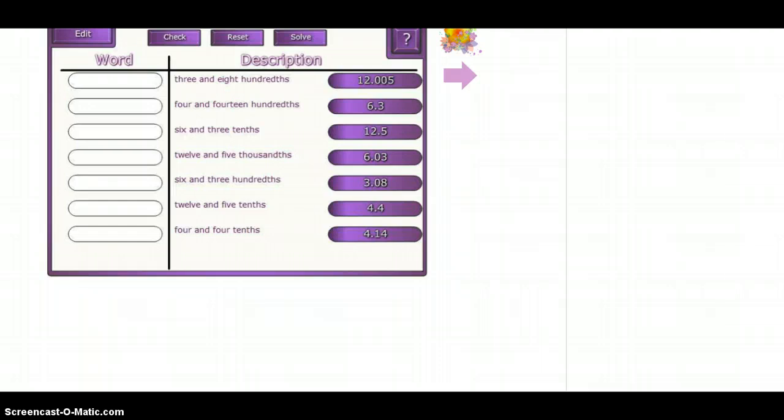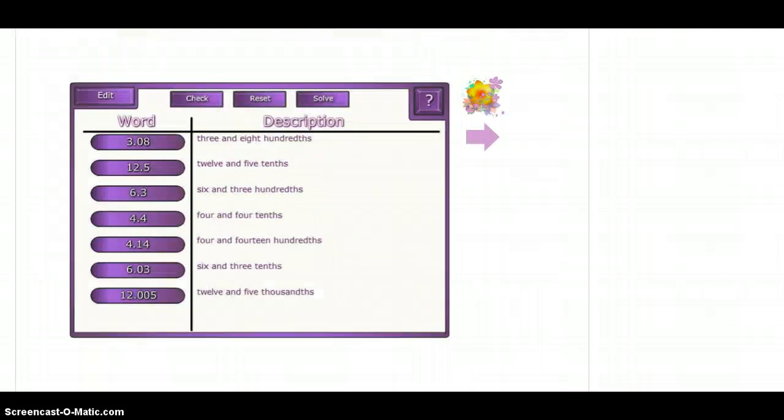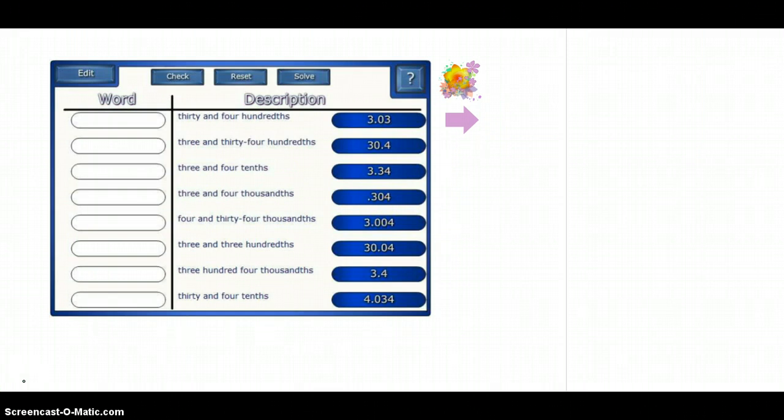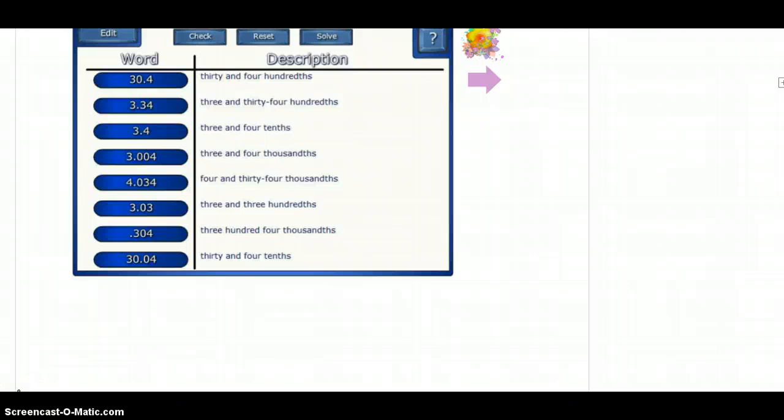Try these and then check back. How did this go? Again, the last digit mentioned should fall within the place value mentioned. Try these and then check back. Are you getting a hang of it? How did you do?